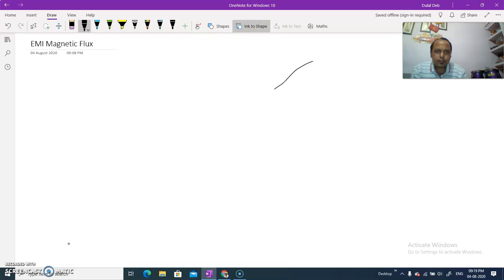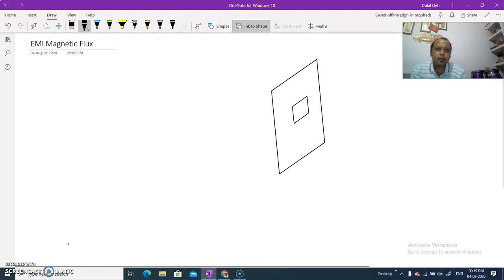Let me draw a surface. Let this be the surface, and a small portion of the surface also we are considering here. Let the total surface area be represented as S, or A, depends what you think.